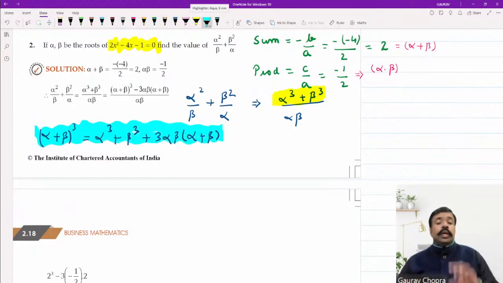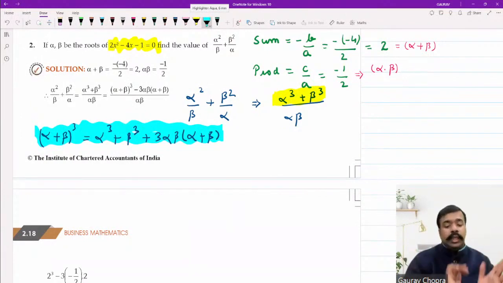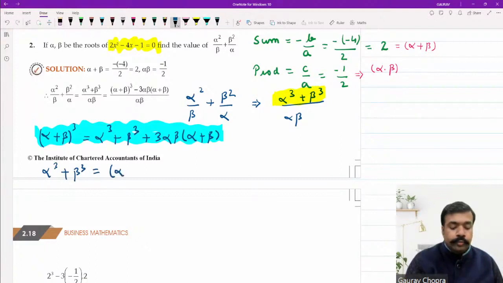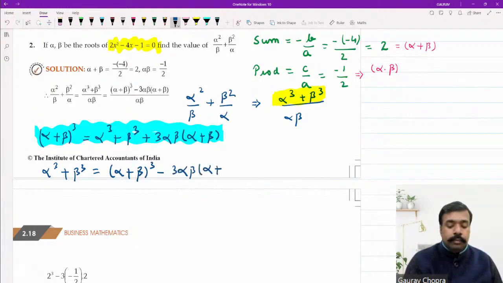Okay, so now in this we can clearly see alpha cube plus beta cube is available. So what we can do, we can keep them on one side and send the remaining value to the other. So we will get alpha cube plus beta cube equal to (alpha plus beta) whole cube minus 3 alpha beta multiplied by (alpha plus beta). So this will be the value.